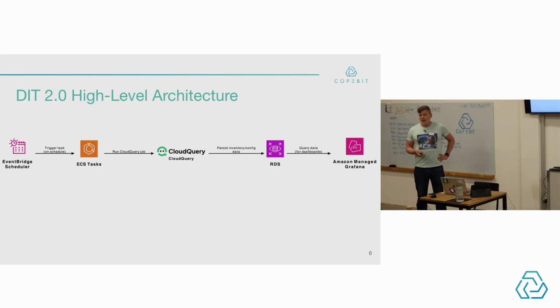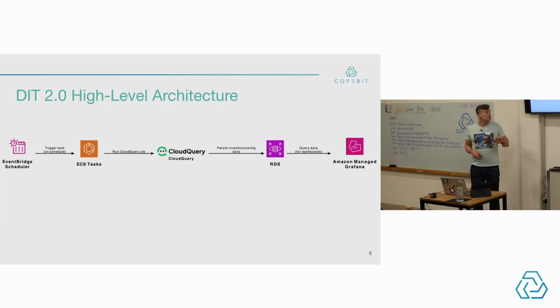I will talk about the EventBridge Scheduler, ECS tasks, and CloudQuery, this third-party open source tool that's the heart of the service. RDS is part of it, but I guess everyone has quite a bit of knowledge about RDS, so I won't mention that. But I will talk a bit about Amazon Managed Grafana too.